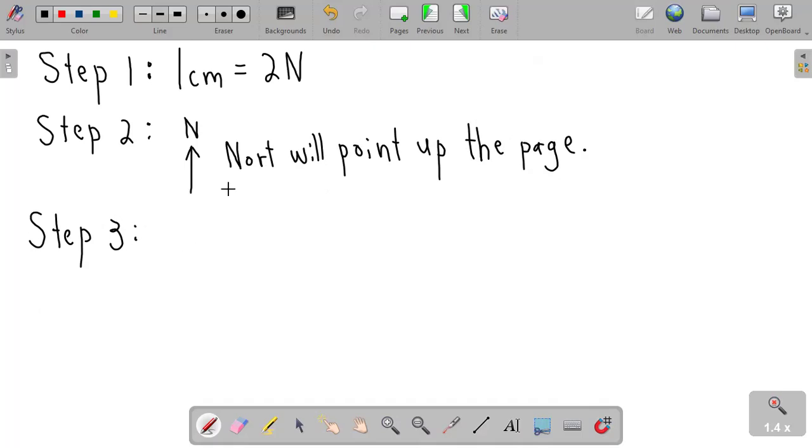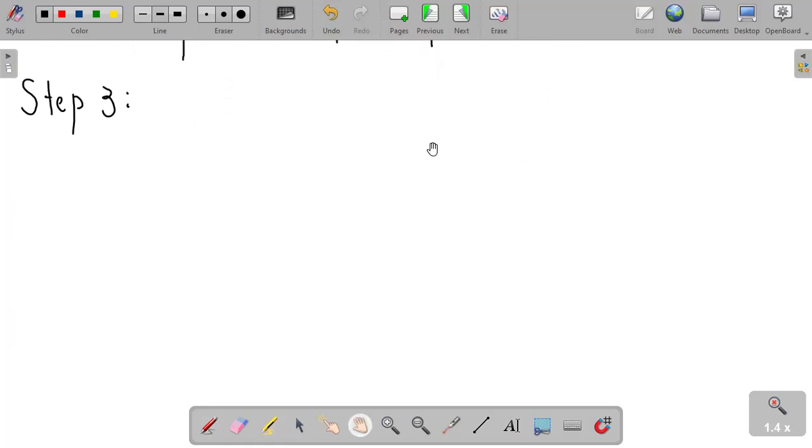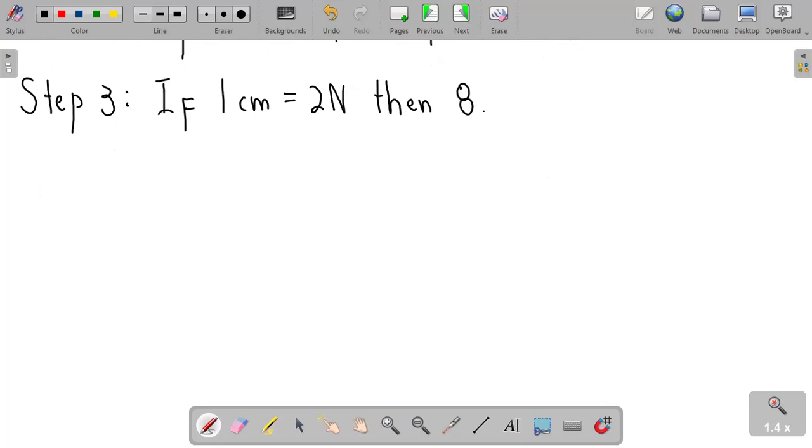So now we can see that our vector here is 8 newtons east. If we say that 1 centimeter is equal to 2 newtons, then 8 newtons will be equal to how much?